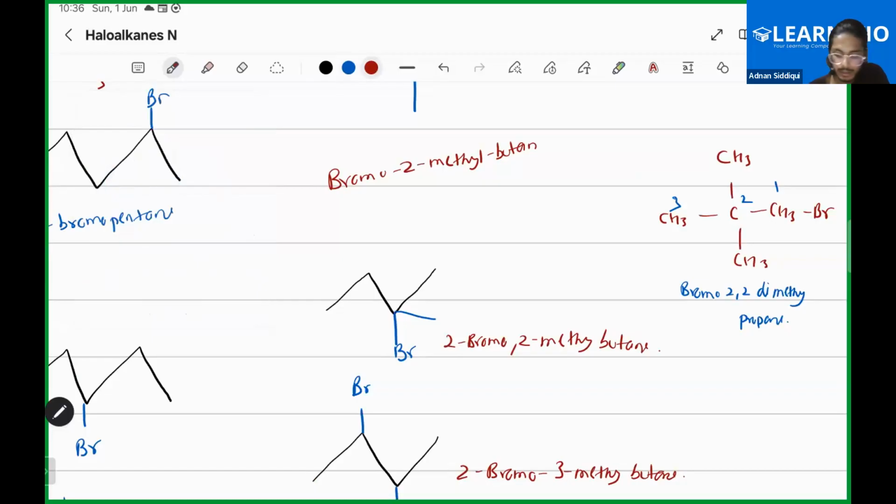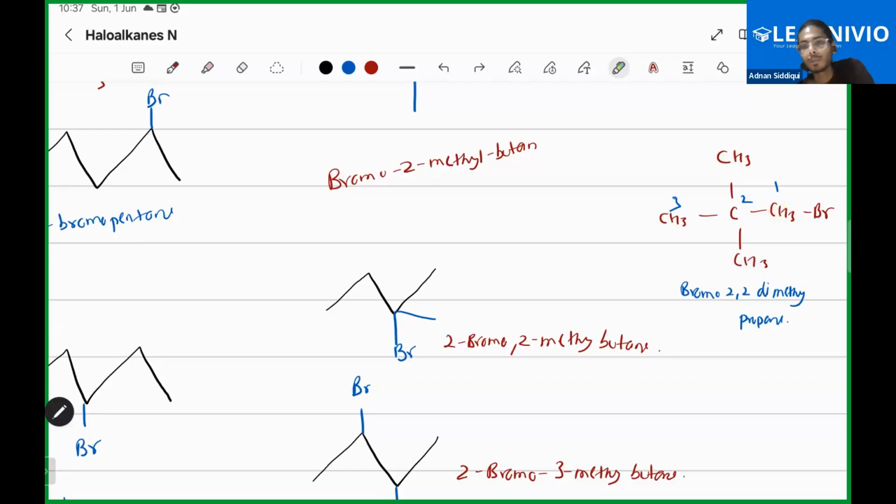You can place this bromine here. Suppose you remove this bromine from here and attach it here, or remove it from here and attach it there. In every case, the name of the compound is going to be the same, right? Yes, sir. Whether you place bromine here or here, the name is the same because these methyl groups are identical.